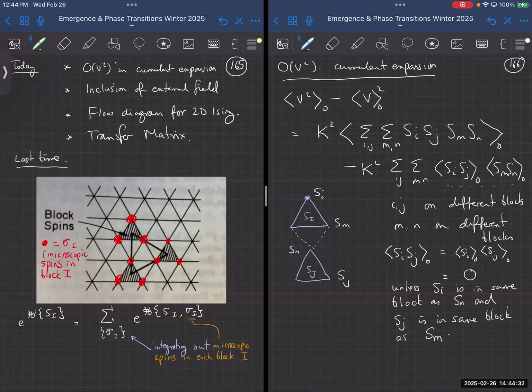But if Si is literally in the same block as Sn, then when I do this calculation, I will get something that is non-zero. So I didn't explain that very well. I don't know how to explain it better though.